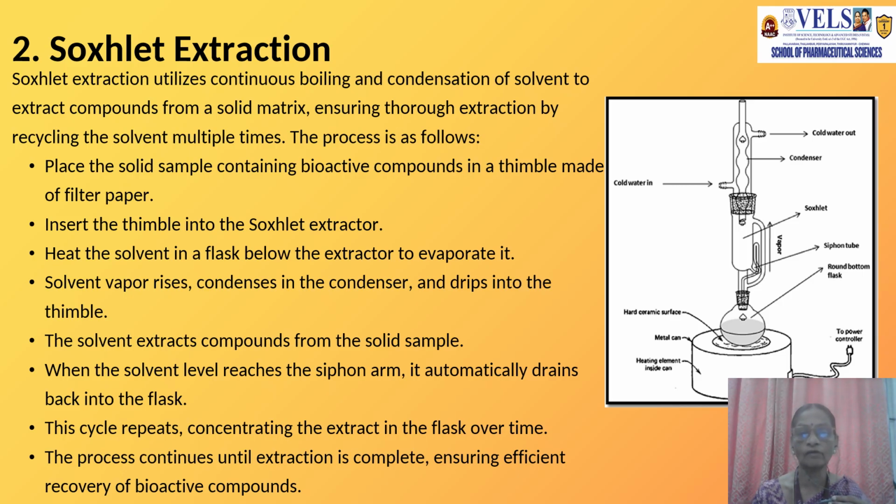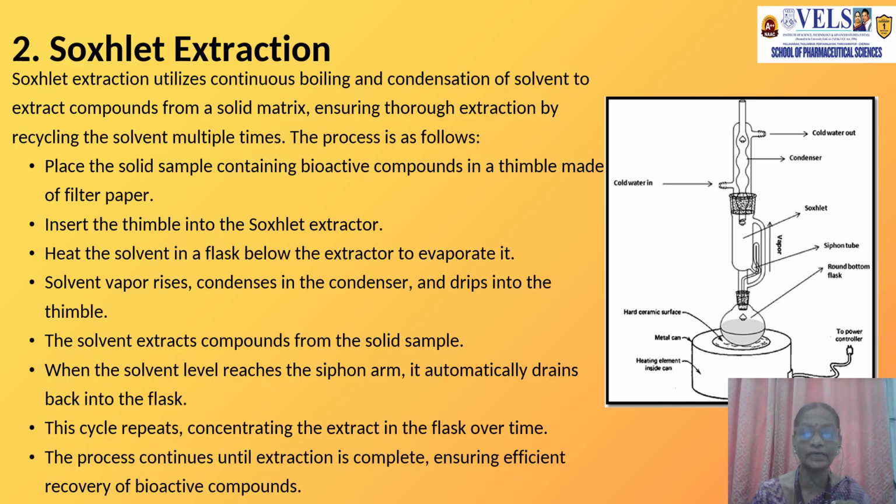Heat the solvent in the flask to evaporate it. The evaporated solvent passes through the long tube and enters the condenser, where it is cooled by circulating water. Then it reaches the extractor, where the extraction is automatically carried out. When the extract solvent layer reaches the siphon arm, it automatically drains back into the round bottom flask.